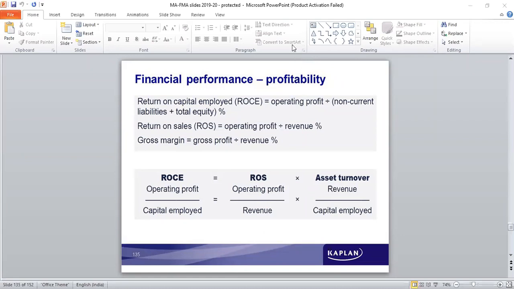The first part of it is about ratio analysis. What's the meaning of ratio?